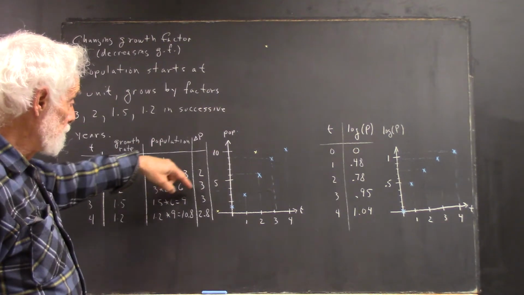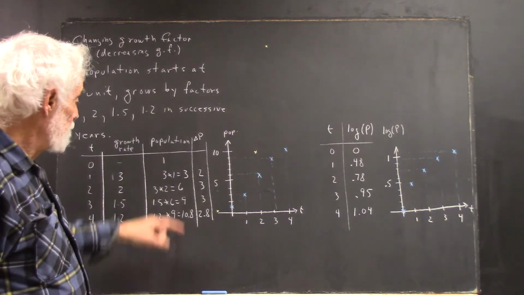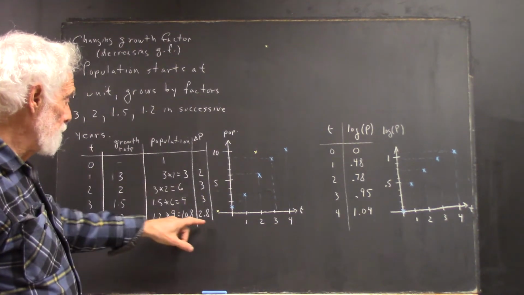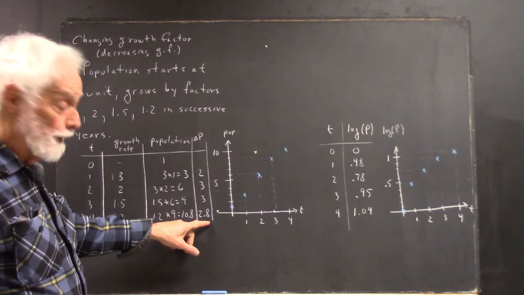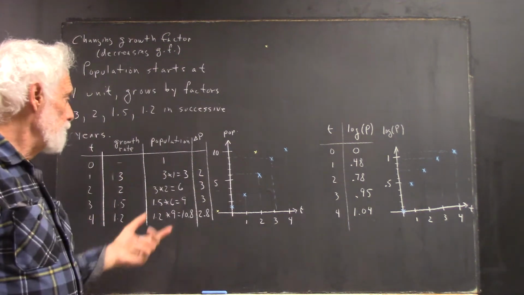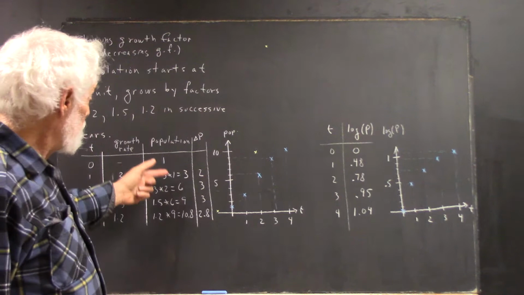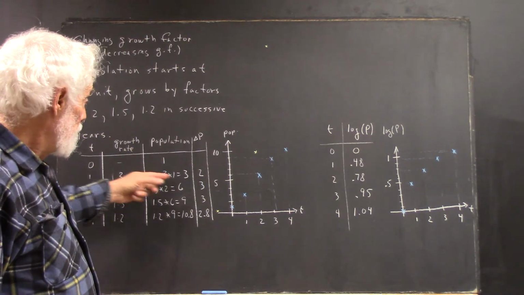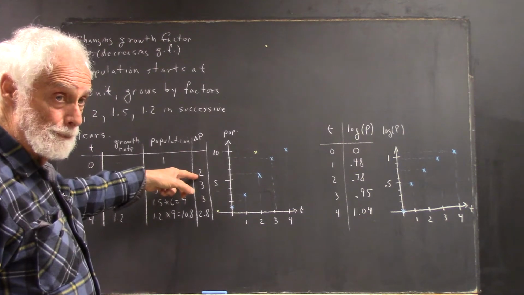We go from 3 to 6, the change is 3. From 6 to 9, the change is 3. And then from 9 to 10.8, the change is 2.8. So when the population triples, we didn't have enough population to start with to give us a big delta P.